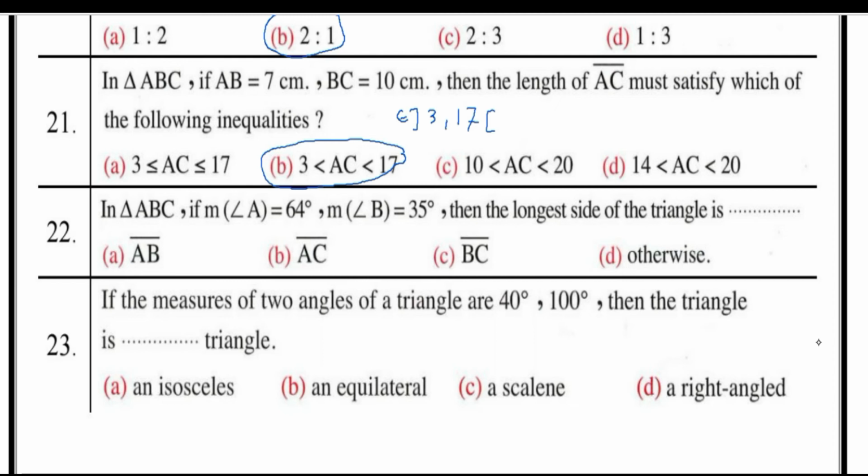Measure angle A is 64, measure angle B is 35. These are inside a triangle. We must find the third angle. 64 plus 35 is 99.